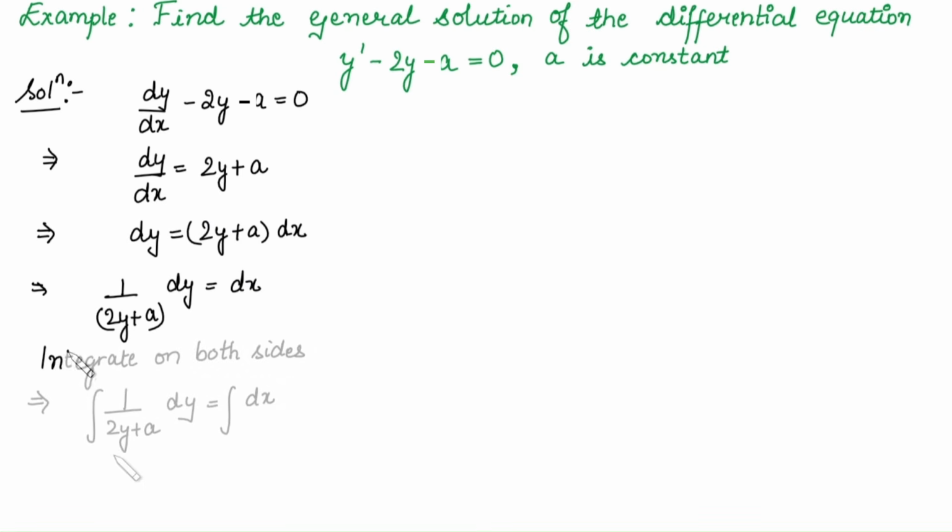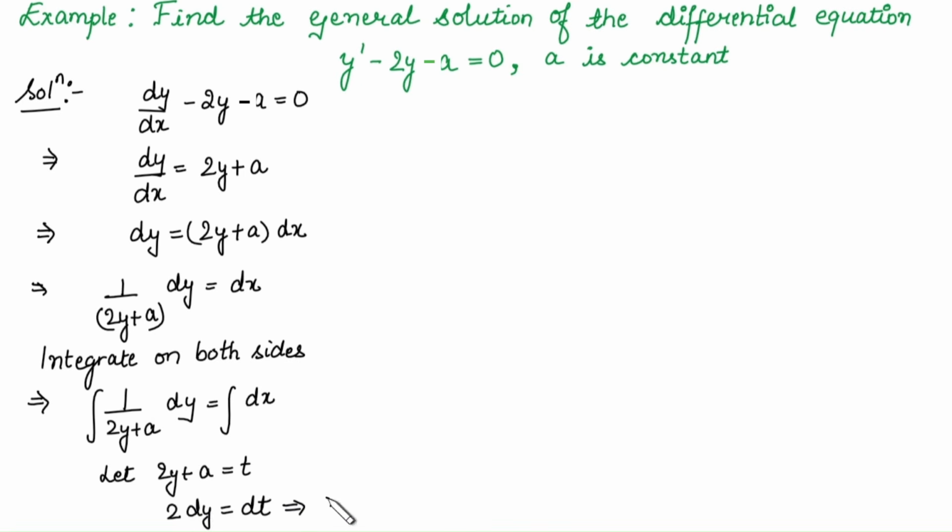Integrate on both sides. What is the integration of this? Here we can use the substitution method. So let 2y plus a is equal to t. Take the derivative with respect to y. So we will get 2 dy is equal to dt. a is a constant, so the derivative of the constant is 0.